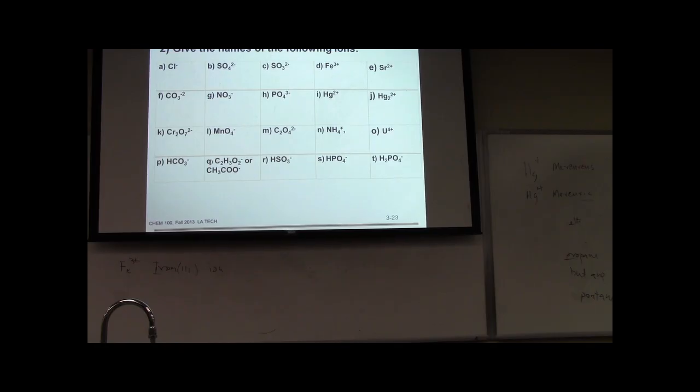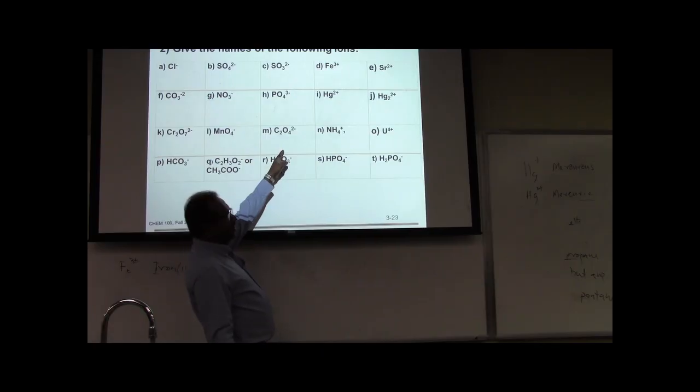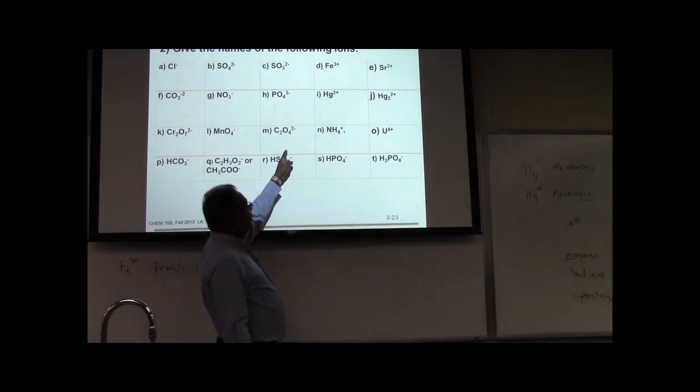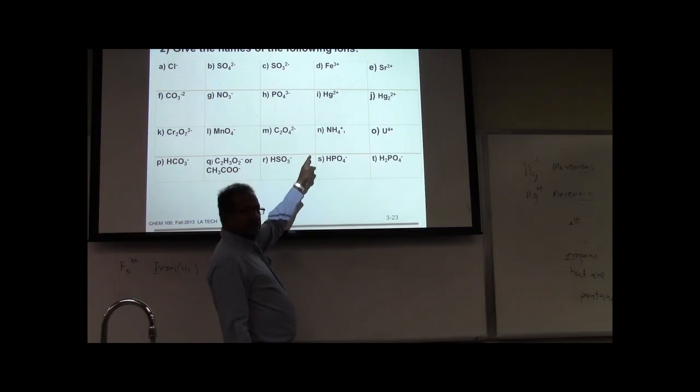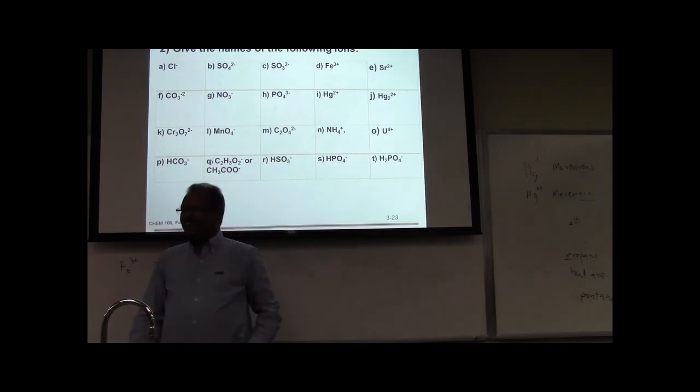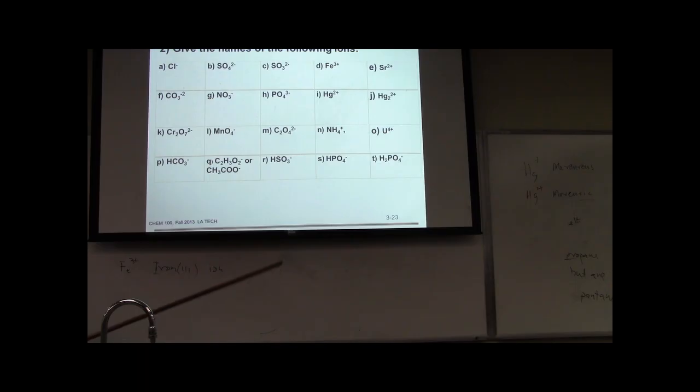Ferric is 3 plus, all right? Ferrous is Fe2 plus. So there are old naming. We stick with new naming. Dichromate ion, permanganate ion. What is this? Oxalate ion. You guys are, oh yeah, all right. If you say so, right? What is this?